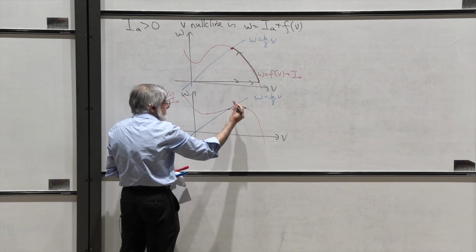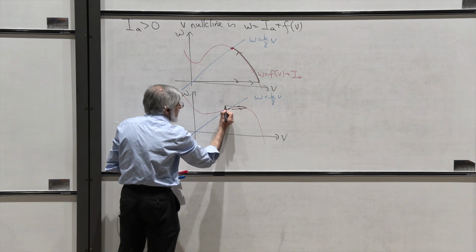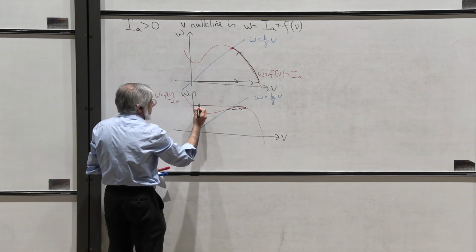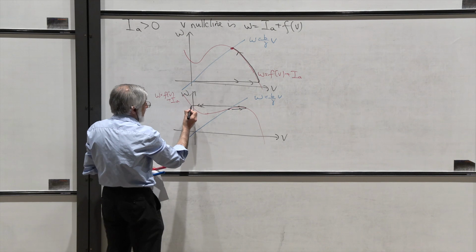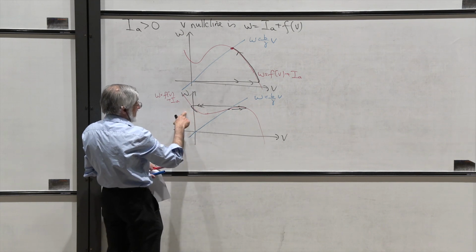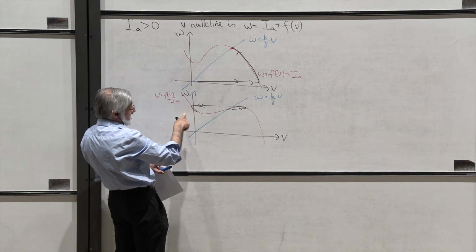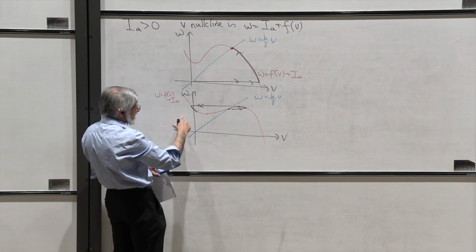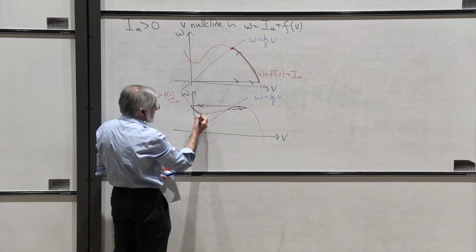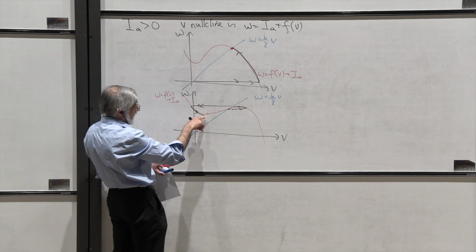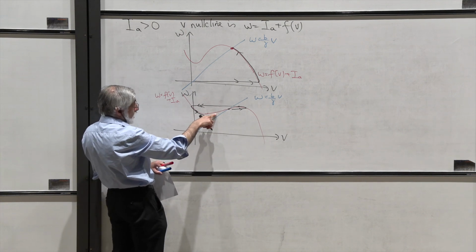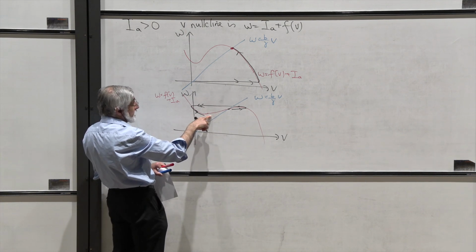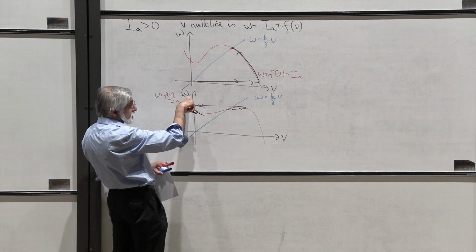So it must leave that, crosses it, goes along to here, then comes down here, because below here V dot is positive, and then it comes to here, and then it wants to go along here, but that would mean W increasing.